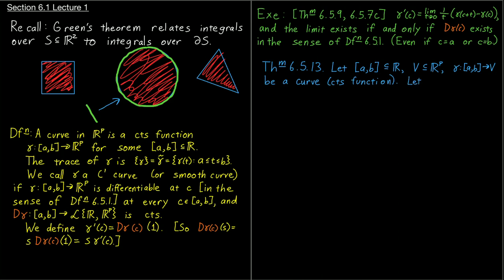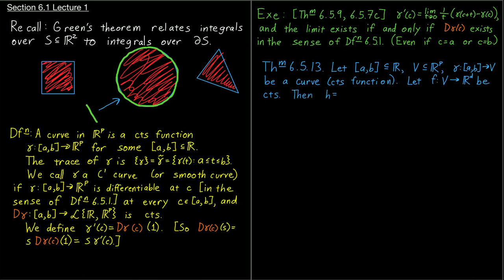And let's let f be a function whose domain is V. I wanted V because I didn't want to insist that f has to have a domain all of R^p, but let's let f be a function from V to, let's say, R^d. Let's say that that is also continuous.